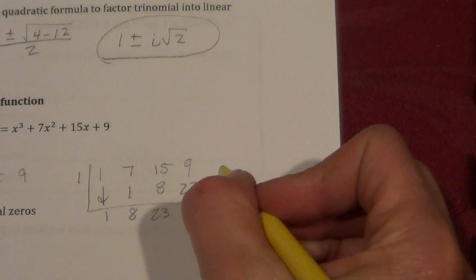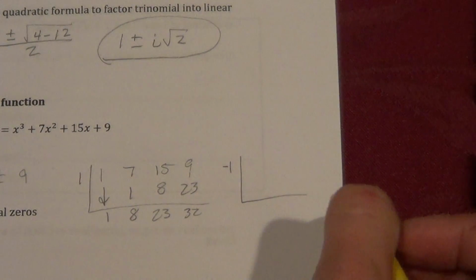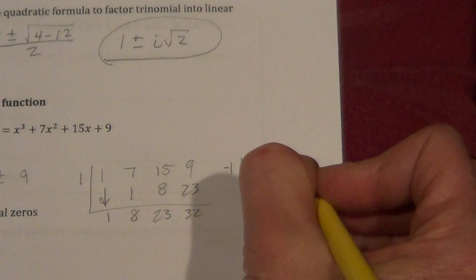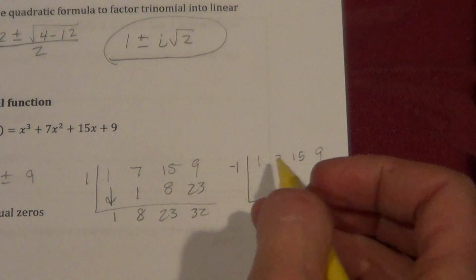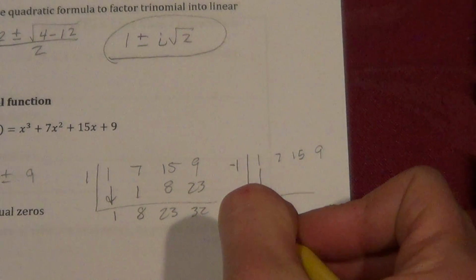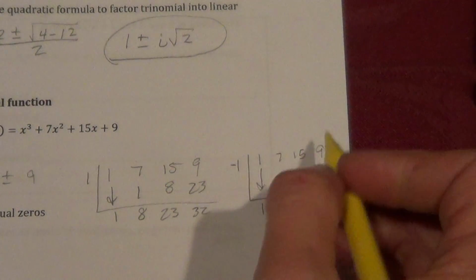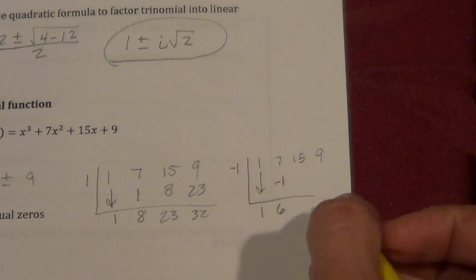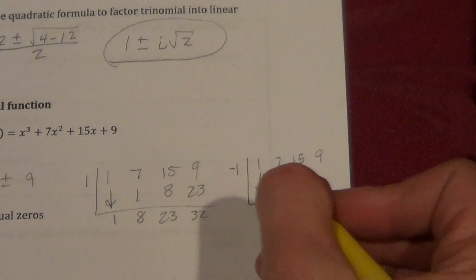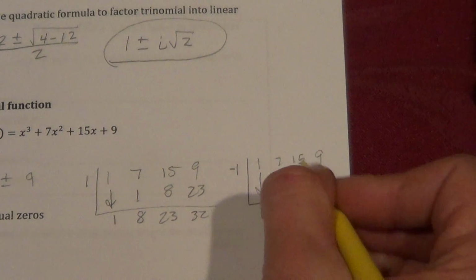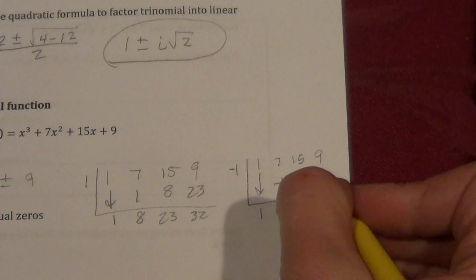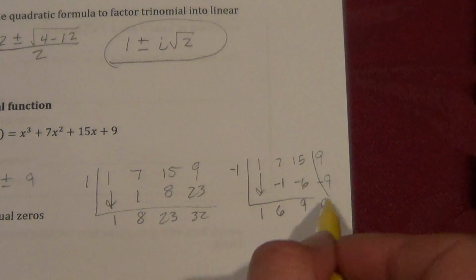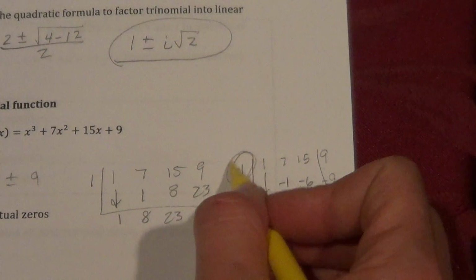Let's try negative 1. Negative 1, let's get these coefficients, 1, 7, 15, and 9. 1 drops down to 1. 1 times negative 1 is negative 1. 7 and negative 1 is 6. 6 and negative 1 multiplied is negative 6. That makes 9. 9 times negative 1 is negative 9. So bingo, we have that one. One of our zeros is negative 1.